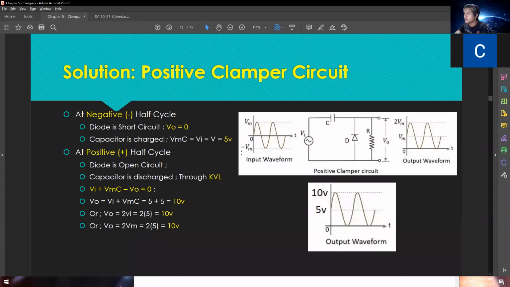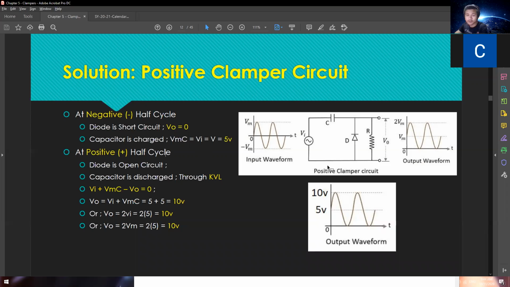Oops, why is it 5 volts? Did I make a mistake? Positive 5. All right, let me make a quick correction.